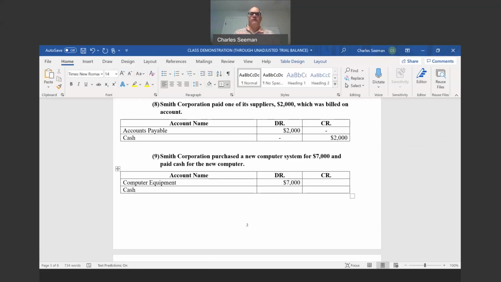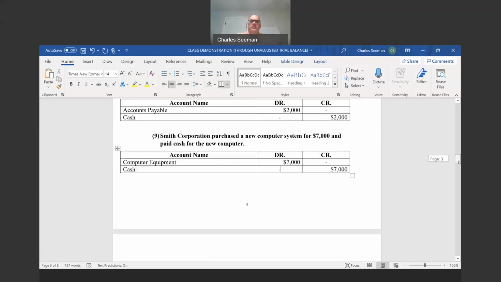Smith got a new computer. Smith gave the company $7,000 in cash. Cash is an asset. Assets are on the left side of the accounting equation. Everything on the left side of the equation is credit decreasing my net cash. And that's a credit to decrease.